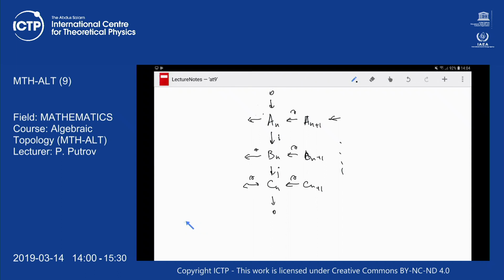And so we started to prove a theorem that the homologies associated to these three different chain complexes are related via the following long exact sequence.